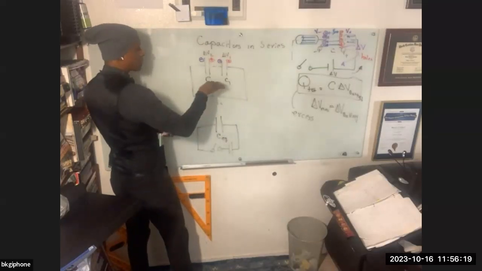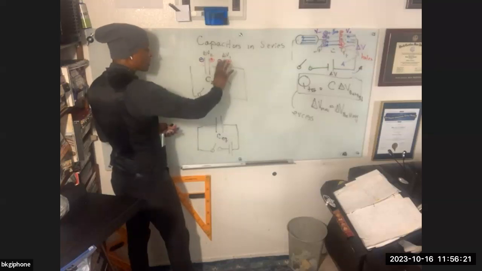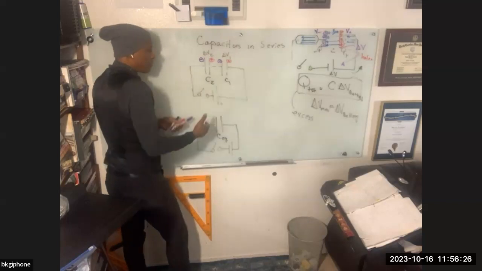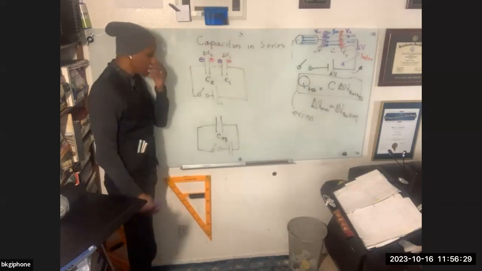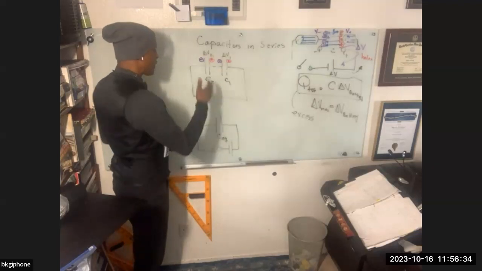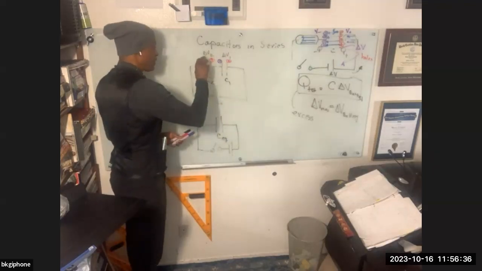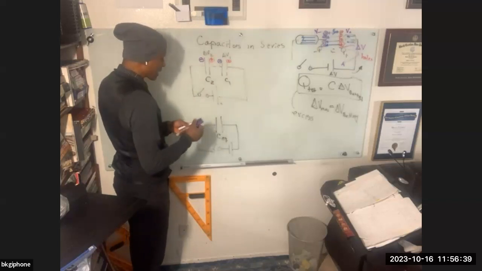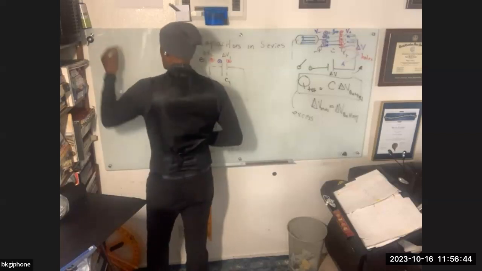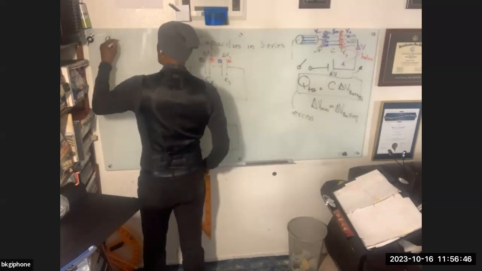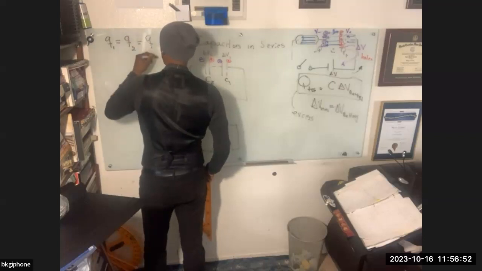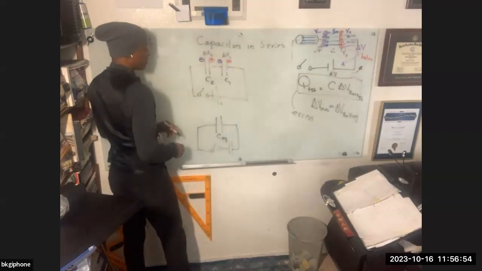So no matter how I choose the capacitances and the voltages, the relative charges on the capacitors will always be the same. So when they charge up, if they're in series, they're going to have the same charge on them for the reasons I just mentioned. So even though I can define a C1 and a C2 and a delta V2 and a delta V1, I can start this discussion by saying at any given time, Q1 equals Q2 just equals Q. And therefore the total charge would be the same.